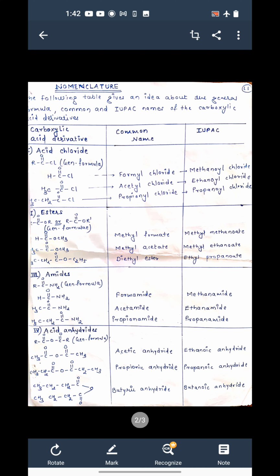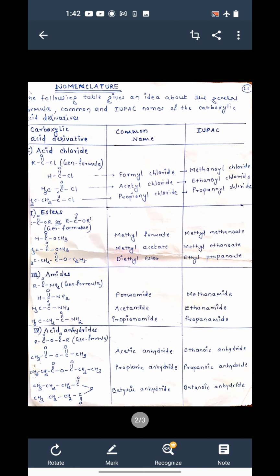Now what about the IUPAC name? The rules are the same: we find the longest carbon chain, then we number the carbons in such a way that the functional group is on the least-numbered carbon atom. These are the common rules that you already know. While writing the IUPAC name of an acid chloride, we take the first example, HCOCl.